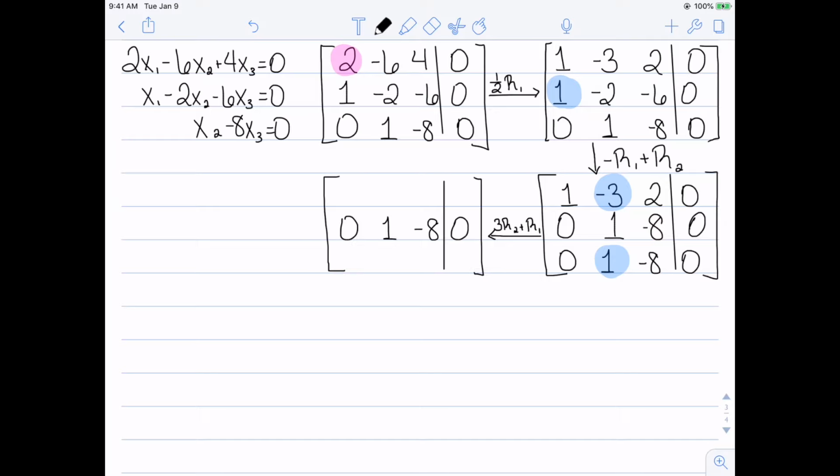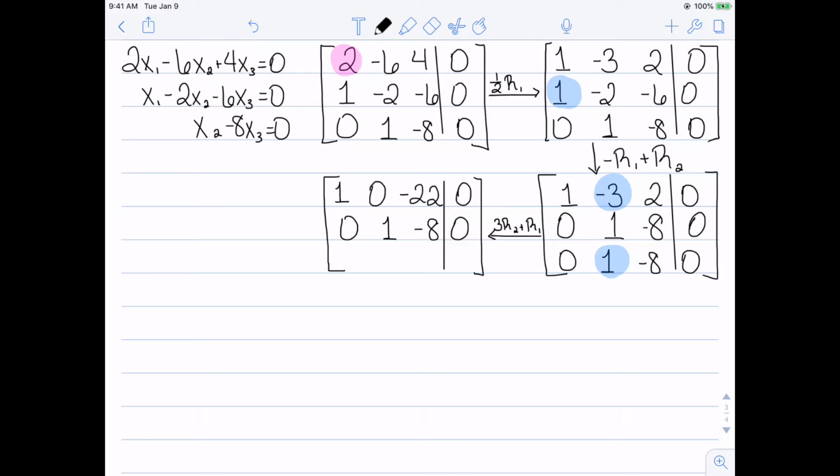The second row won't change here. We then have 3 times 0 is 0, plus 1 is 1. 3 times 1 is 3, minus 3 is 0. Negative 8 times 3 is negative 24, plus 2 is negative 22. And 3 times 0 is 0, plus 0 is 0.